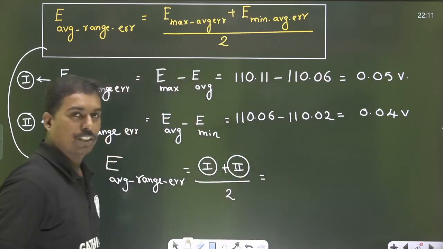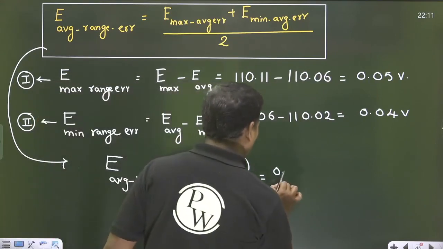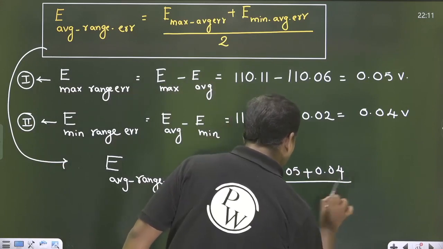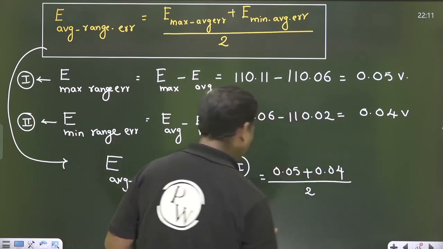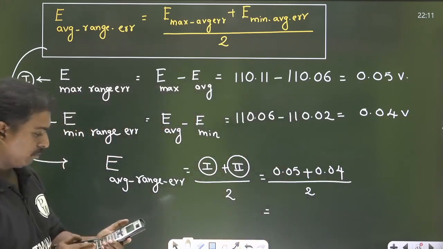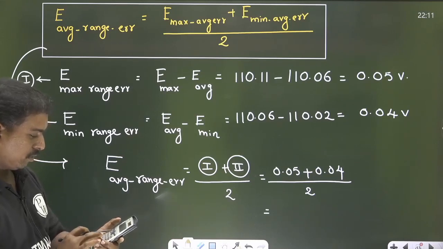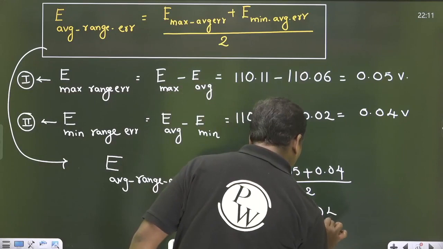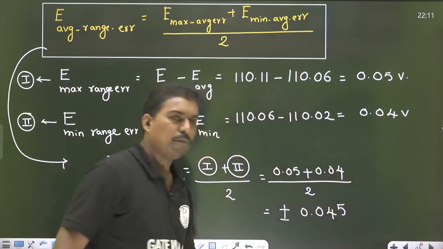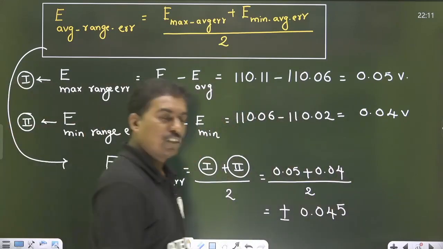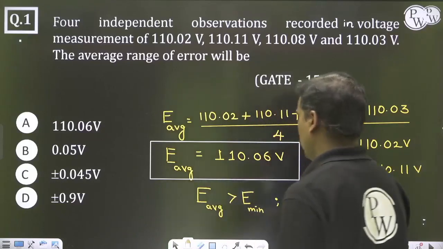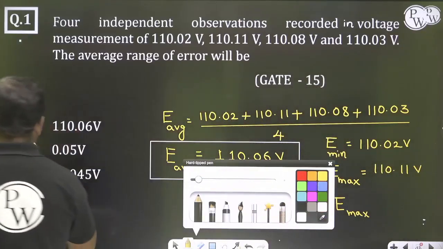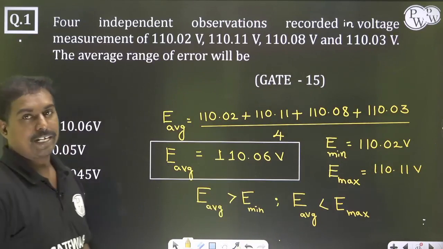How much are we going to get? 0.05 plus 0.04, by 2, that is coming around 0.045. What is the answer exactly? 0.045. Perfect. Option C will be the answer.